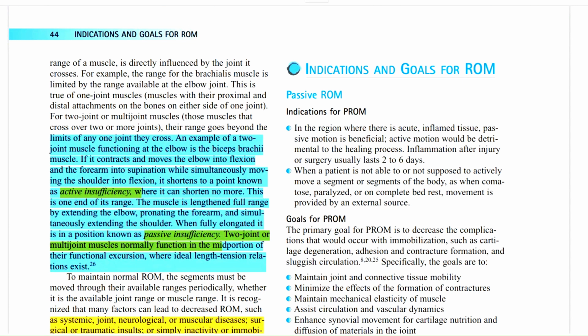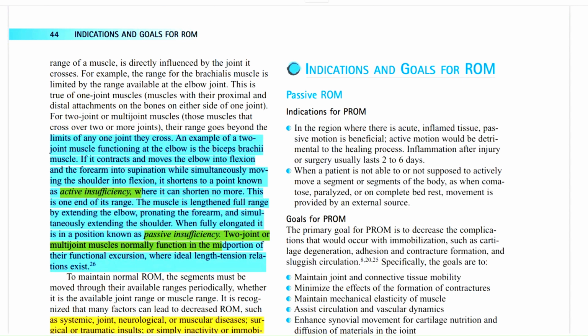In active insufficiency, the muscle is fully shortened so that it cannot shorten further, or you can say that it cannot contract further. That means there is no further contraction, no further shortening. Starting from the elbow flexion, you perform the elbow flexion.